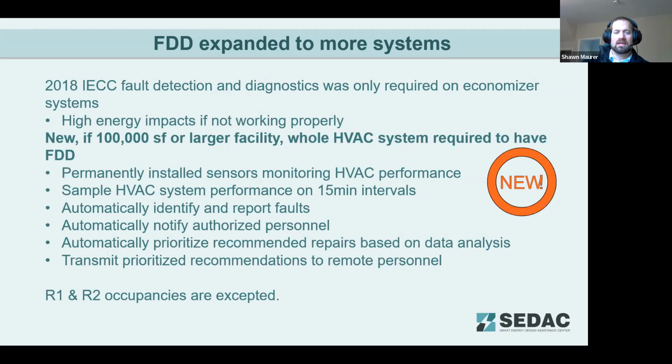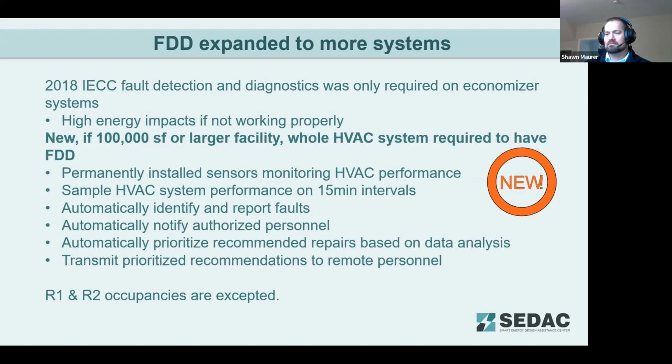Those sensors need to sample the HVAC system's performance on 15-minute intervals and store those in a trending history. Need to be able to use that data to identify faults and report those to building personnel to assist in that maintenance process.